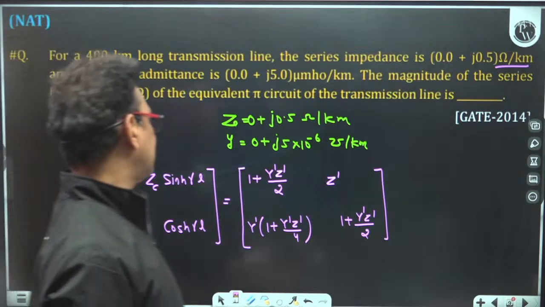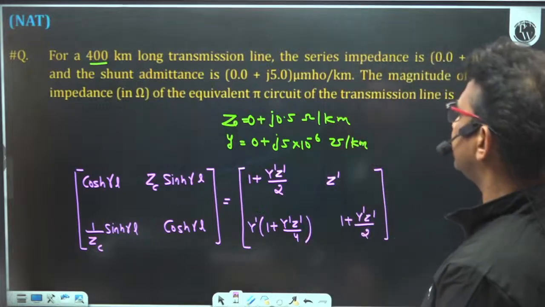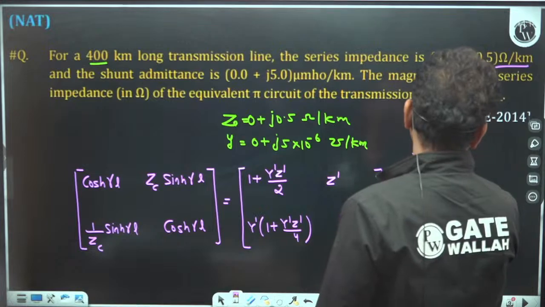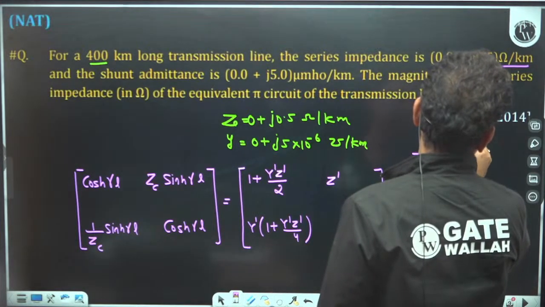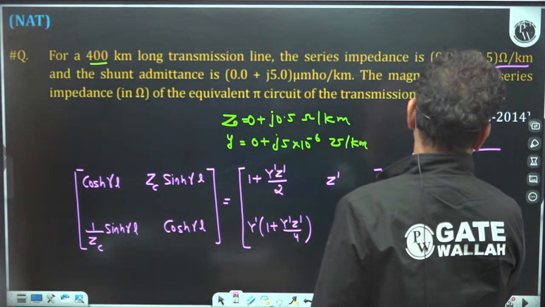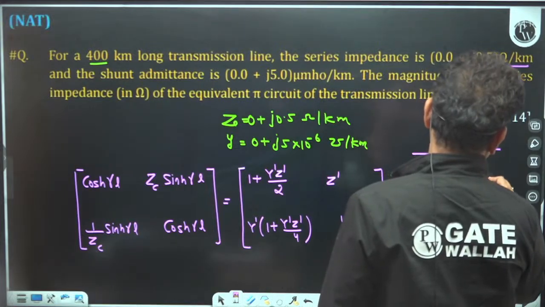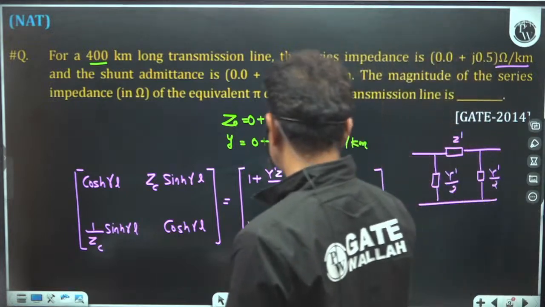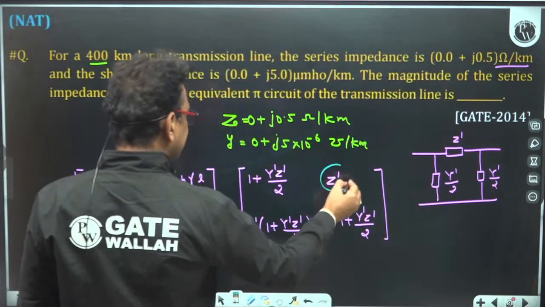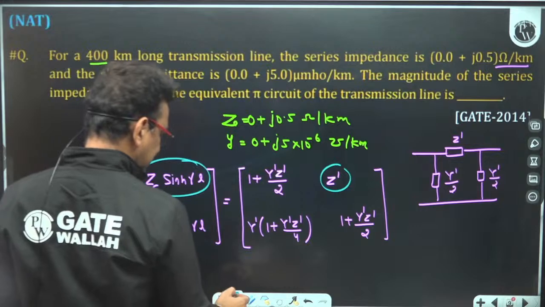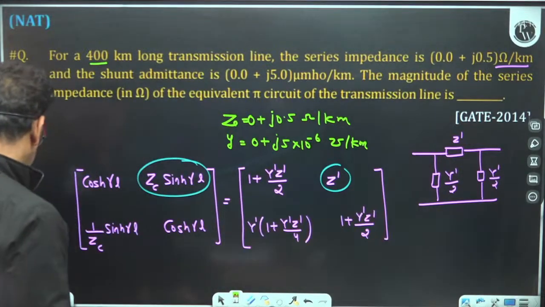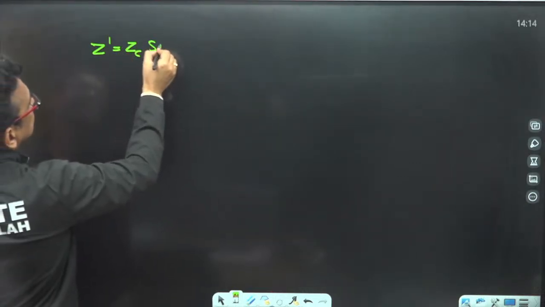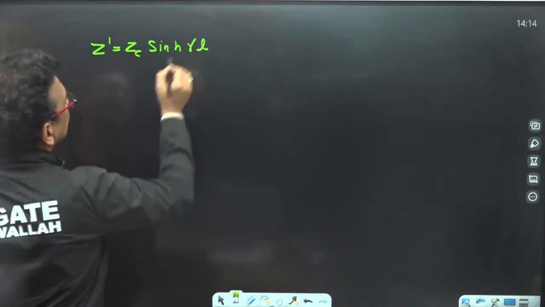I have assumed that the total admittance is Y dash, with Y dash by 2 at each end, and the total impedance is Z dash. You have to find out the magnitude of the series impedance, that is Z dash. If I compare these two, Z dash is ZC sinh gamma L.